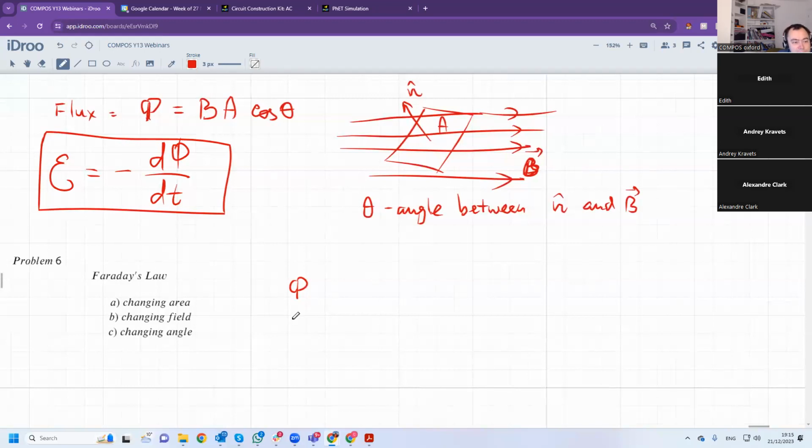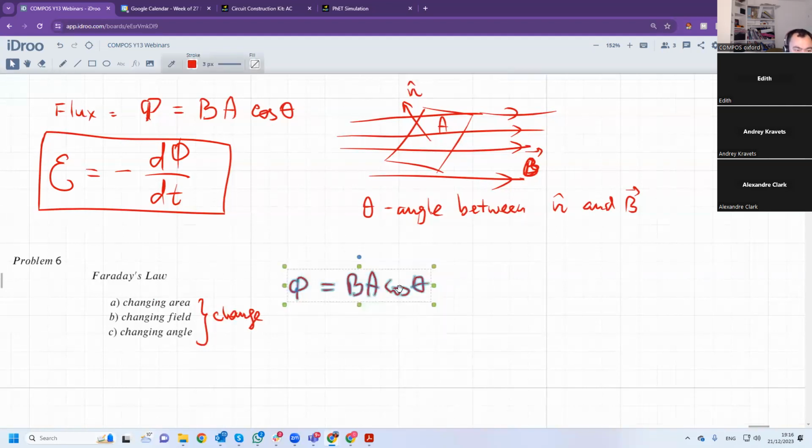So Faraday's law says that if you have a changing flux, you have an induced EMF. If the flux is equal to BA cos theta, there are three different ways to change the flux.